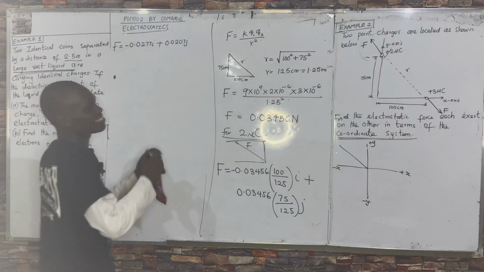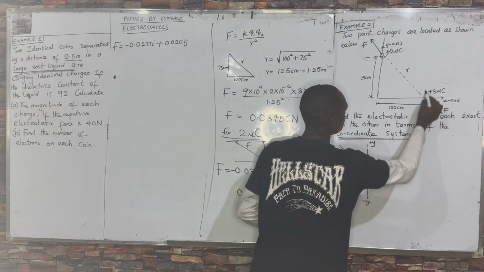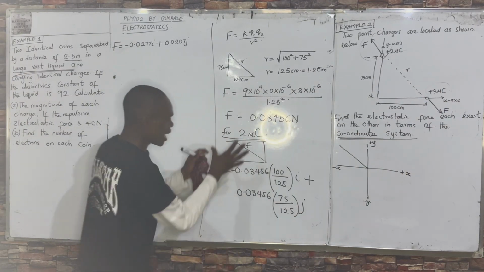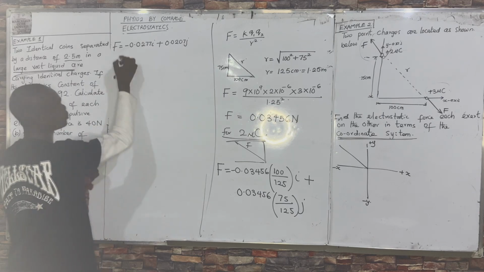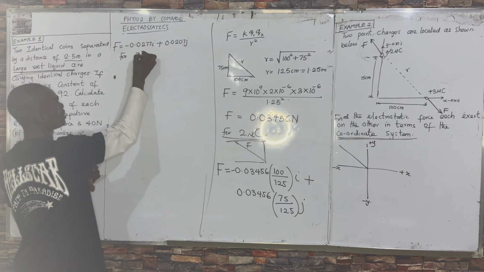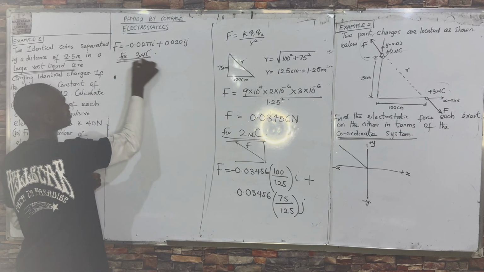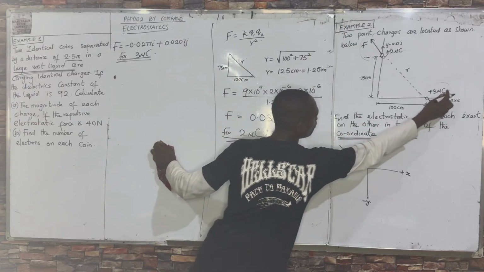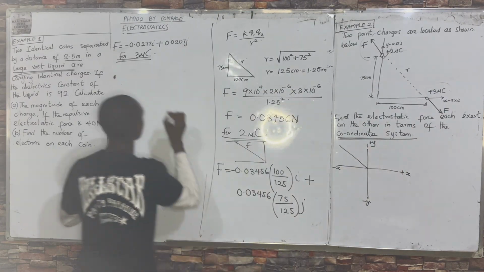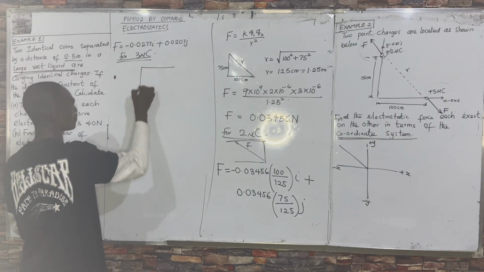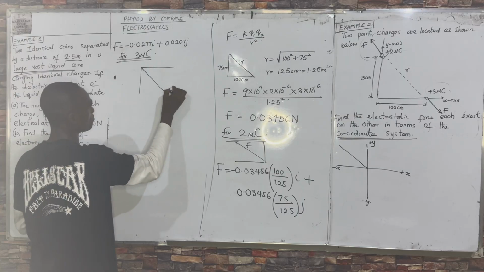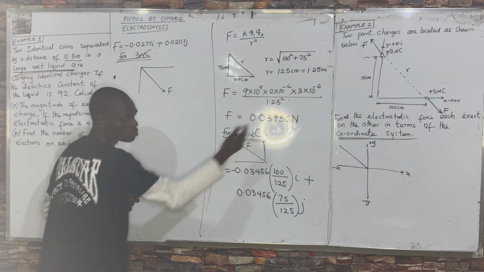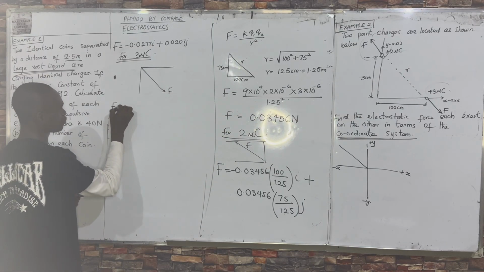Now, similarly, we will do exactly the same thing for the 3 microcoulomb charge. Follow exactly the same step. Watch. For 3 microcoulombs, right? How is this force behaving there? Something like this, right? And I have the force F. So F, how do you resolve?